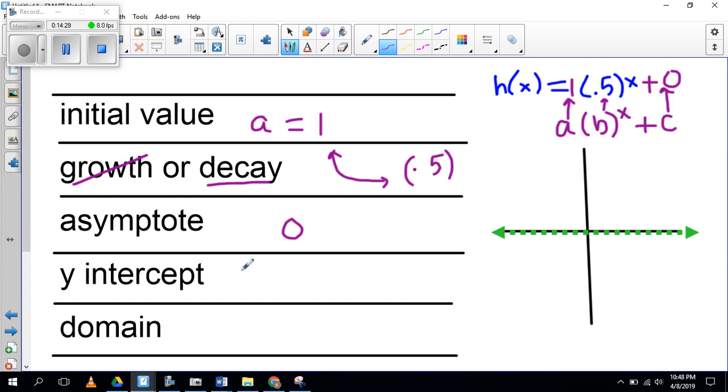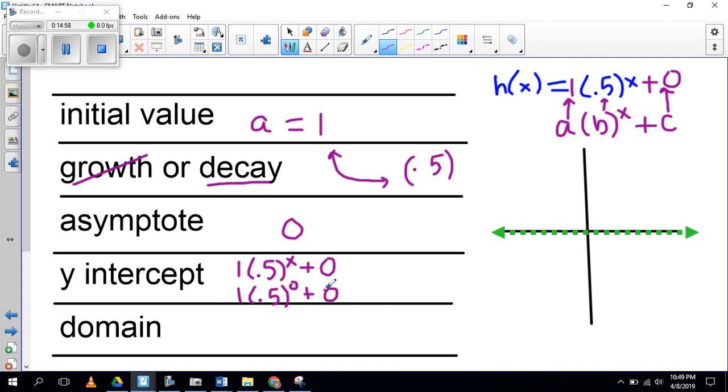Okay, so my y-intercept, so remember for my y-intercept, I have to plug in 0 into my formula for x. So here's my equation, and I added the 1 and the 0 there. So basically I'm putting 1 parentheses 0.5, and we're putting 0 here, plus 0.